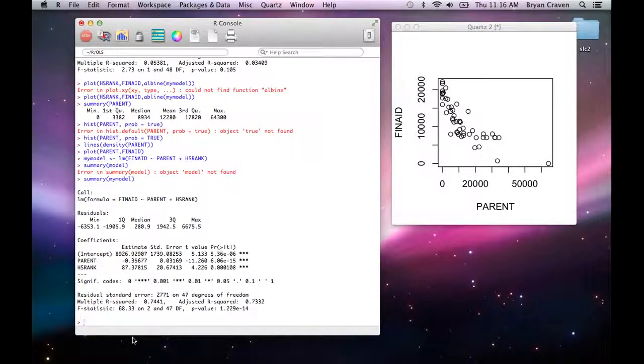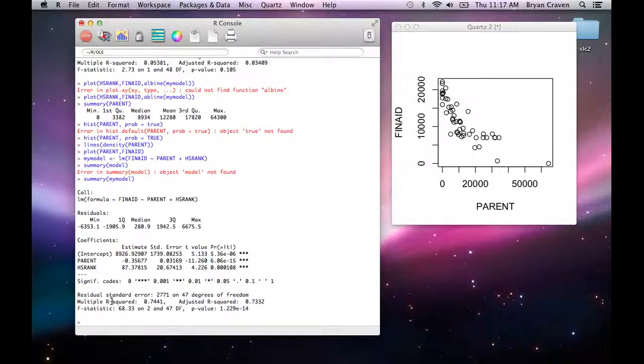we see a few things here. We've got our intercept estimate, beta hat 0, and we've got our parent estimate of the coefficient there, which is negative, as we would expect, and the HS rank there. And we see that the model seems to be fitting the data at least better.